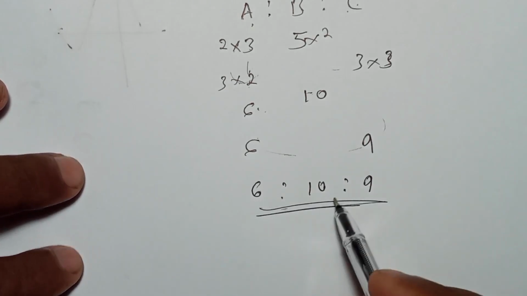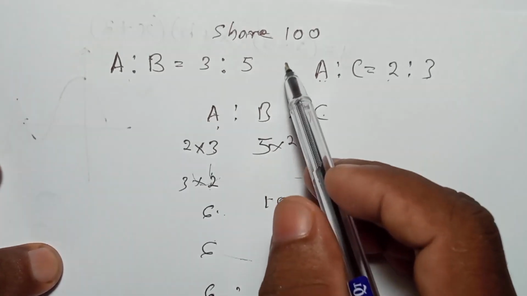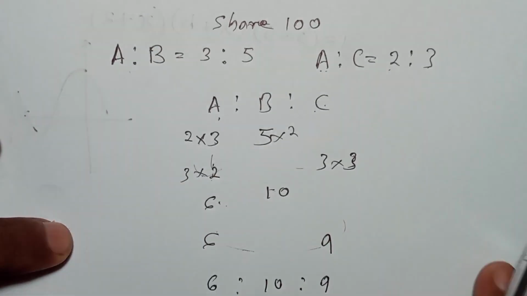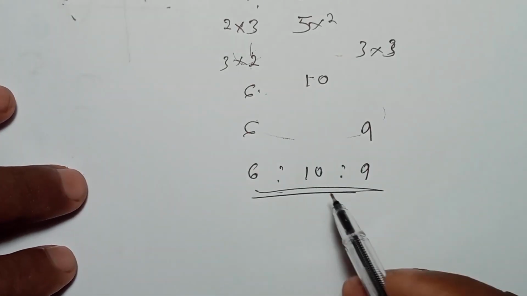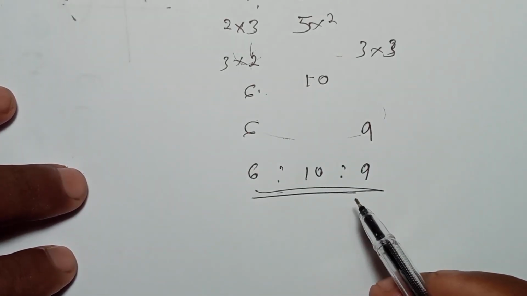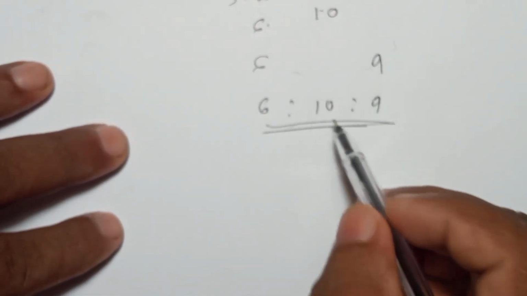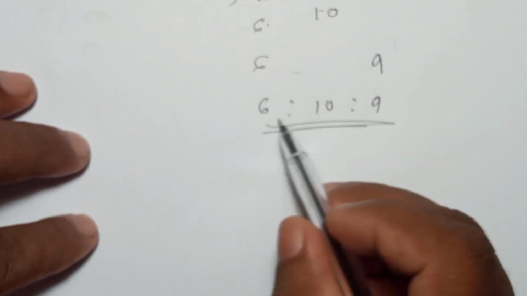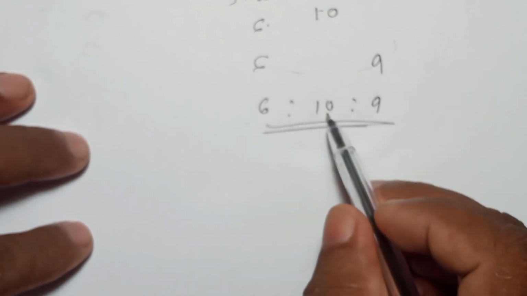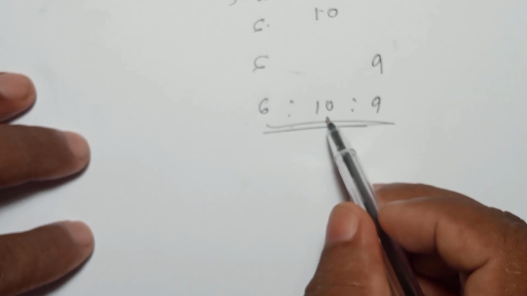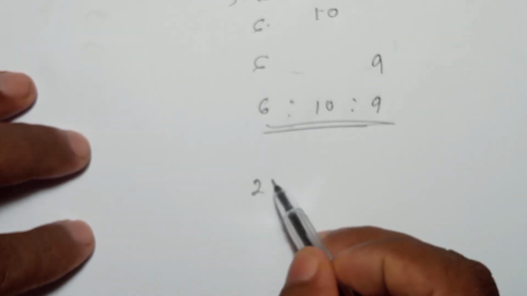Using this you can share this $100 among A, B and C, but we don't need to share among all three. We need to find only how much A gets. So very simple. We can add all three ratios: 9 plus 6 is 15, 15 plus 10 is 25. Okay, now the total is 25.